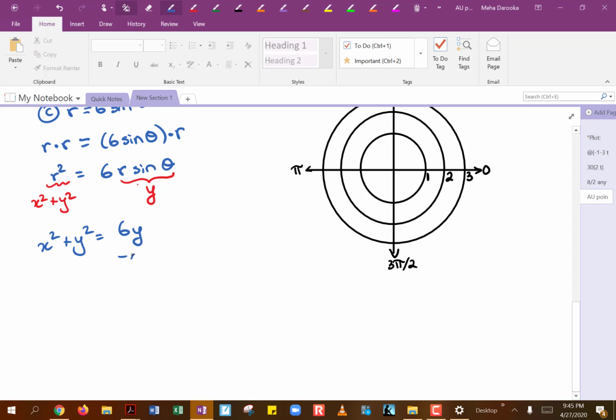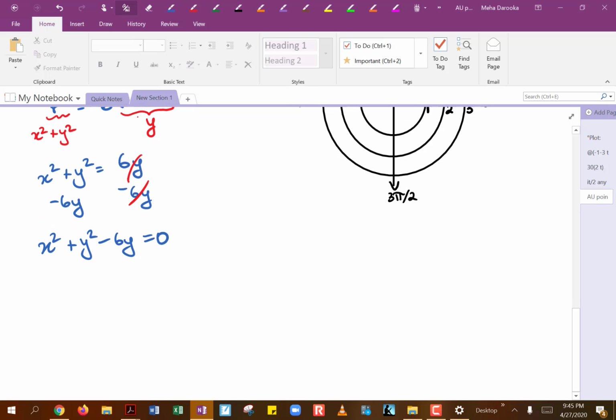We'll go ahead and bring that 6y over to the left hand side, and you end up getting x square plus y square minus 6y equals 0. And then at this point, we will need to use completing the square, because we still don't know what this graph is going to come out to be if we leave it in this form.